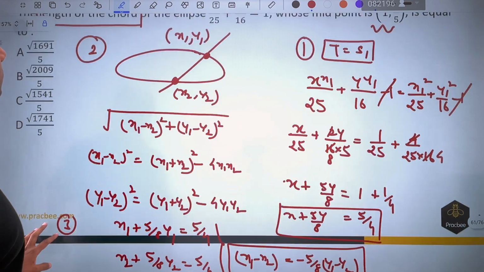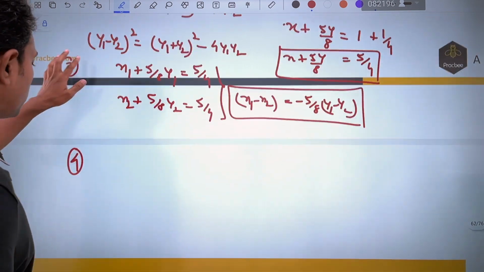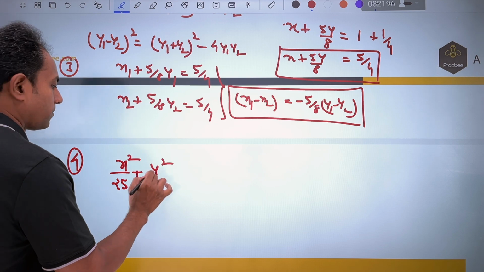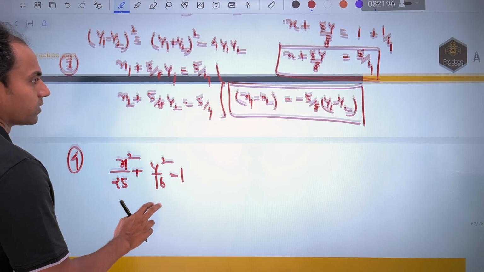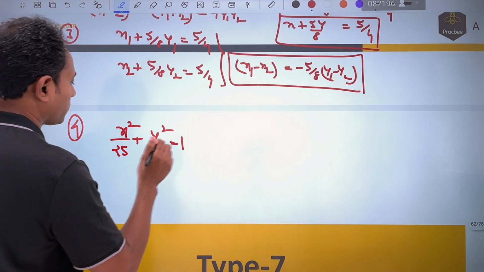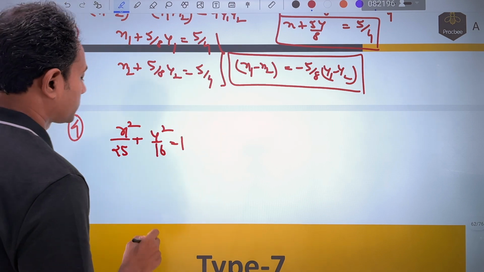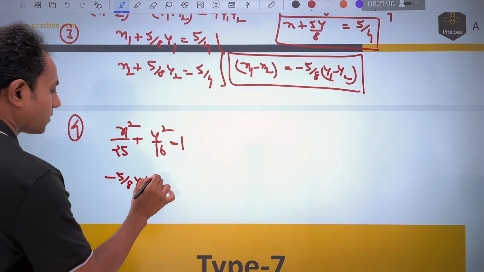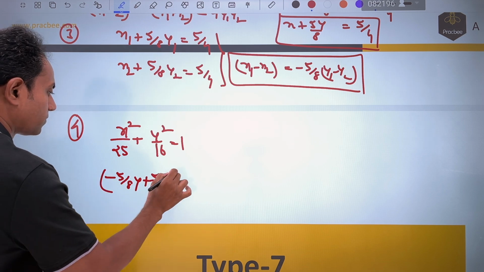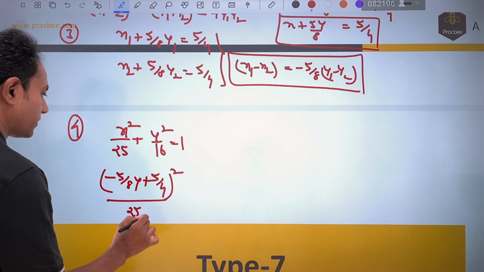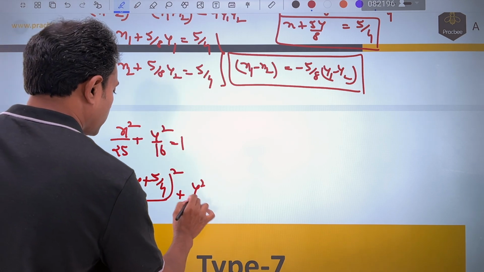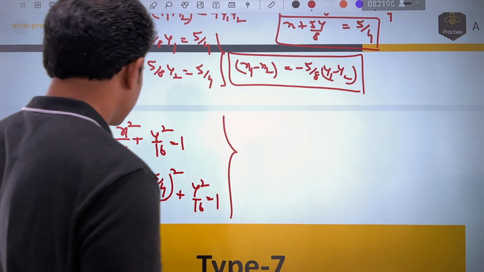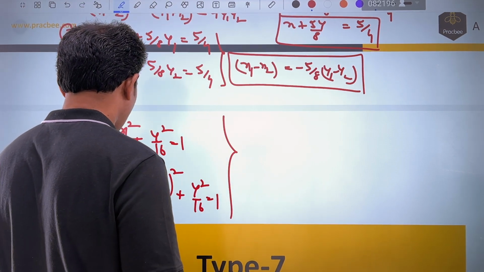The equation of the curve is x square by 25 plus y square by 16 equal to 1. So now we take the value of x from here and substitute it here. So this becomes minus 5 by 8 y plus 5 by 4 whole square by 25 plus y square by 16 equal to 1. Let us see what I get if I simplify.